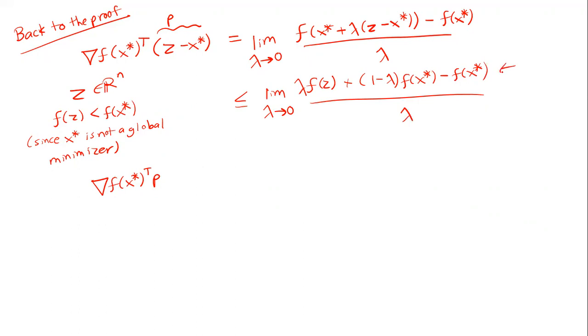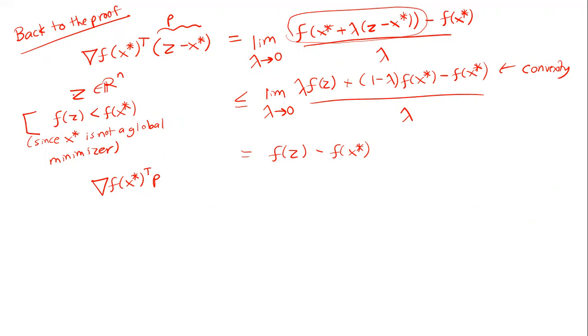So we use the convexity requirements in order to transform this part that we have right here into a form that is appearing in the second equation. And then this is going to equal f of z minus f of x star. But then from our assumption that I wrote over here, f of z is less than f of x star.